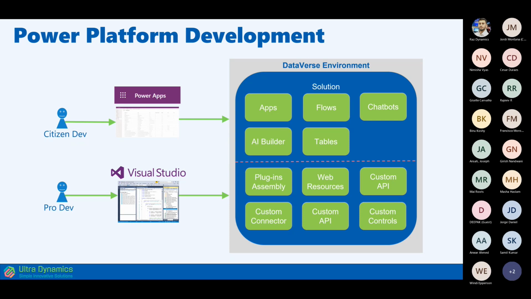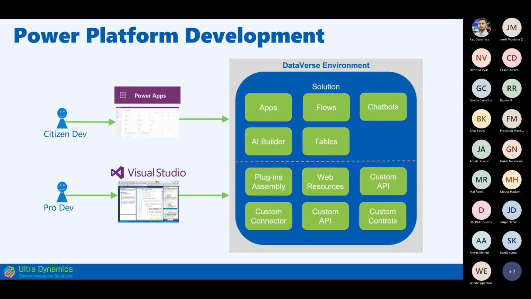So from a Power Platform development perspective, we typically have different personas on the team. We could have pro devs, developers building plugins, web resources, PCF controls, custom connectors, all this kind of stuff.